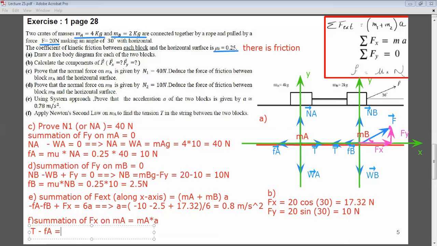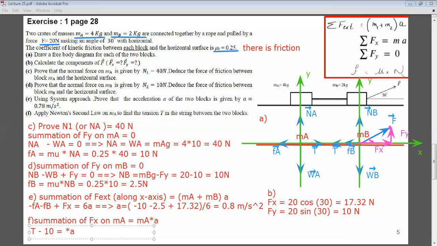So there is plus T minus friction, equal to MA, which is 4, times the acceleration 0.8. So first, let's just put it, this is MA times A. Now let's substitute. FA, we calculated it in part C, it's 10.